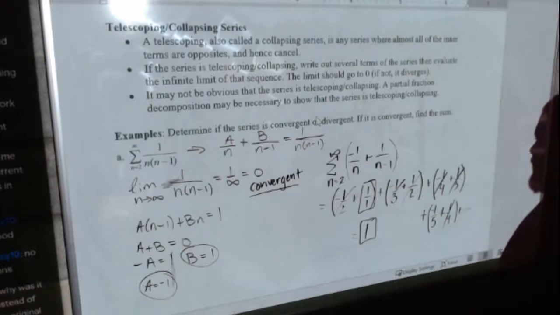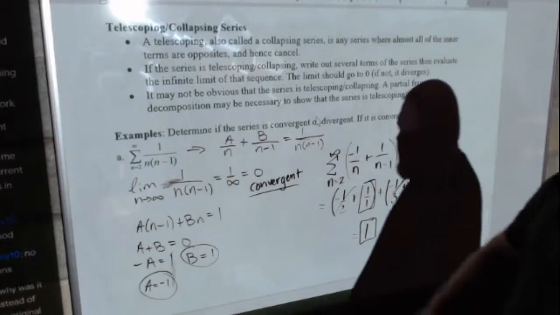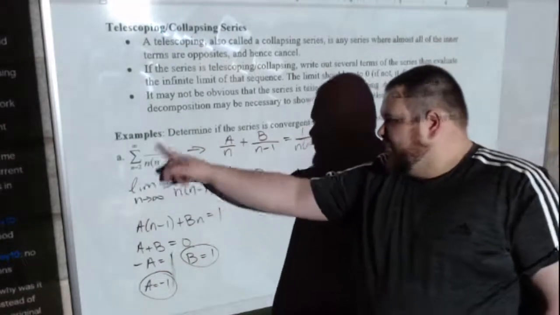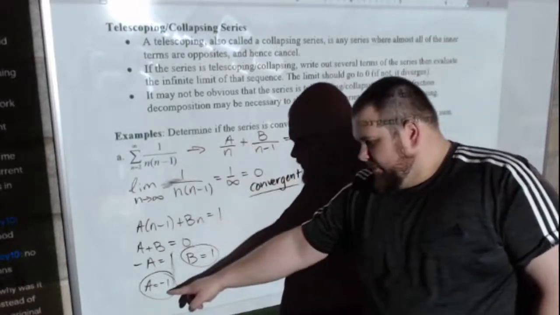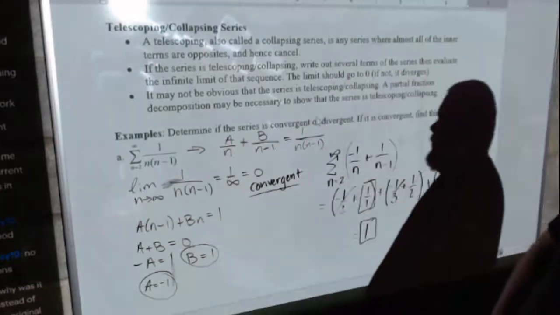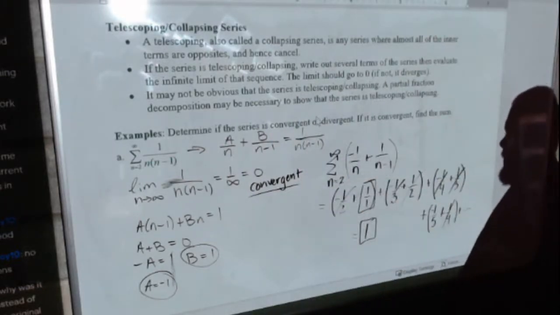Why is it minus 1 over n instead of plus 1? So I took this and decomposed to these two, and a was negative 1. Does that answer your question?